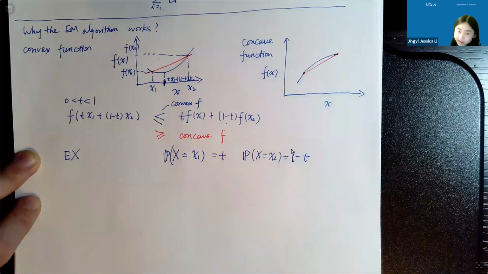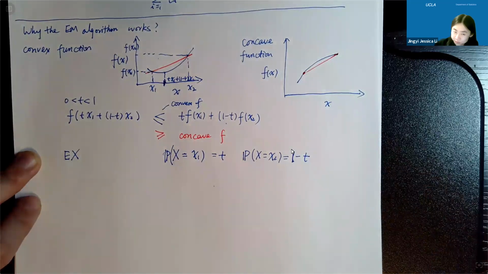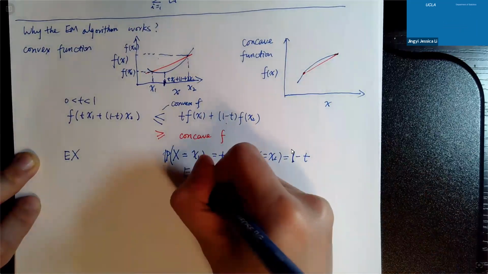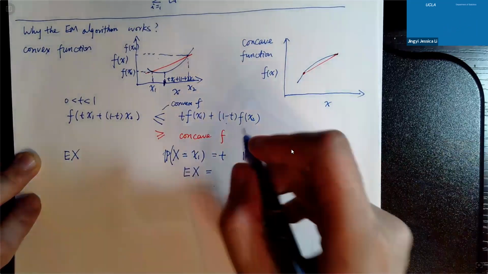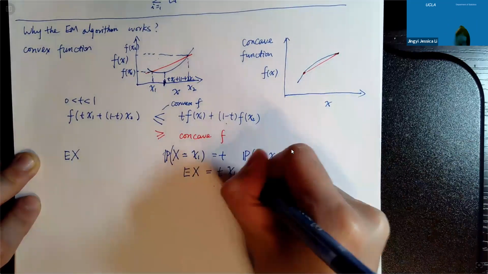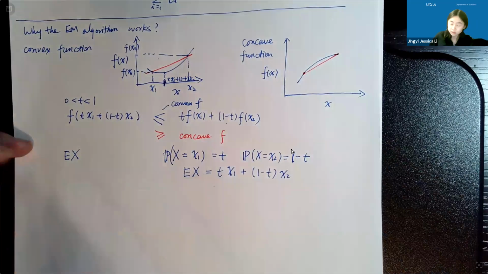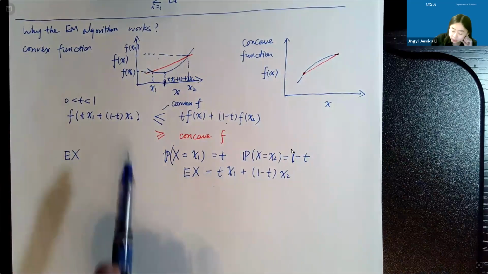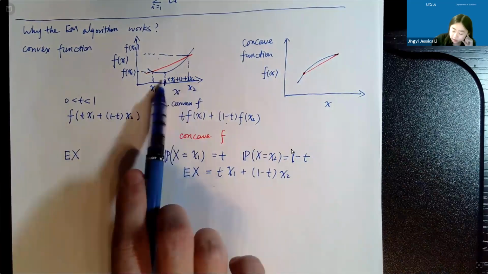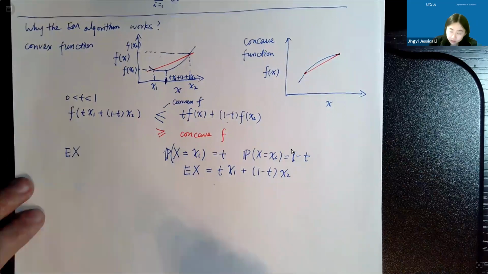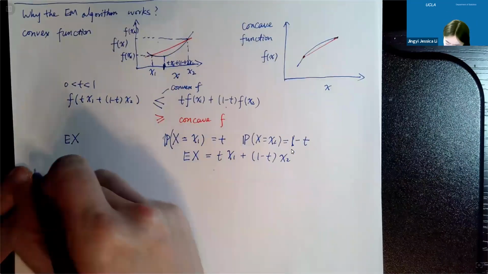If this is how my random variable x is distributed, then I know the expectation of x is just what we have here, t times x1 plus (1 minus t) times x2, right? You see in this special case. So that's why we can consider this interpolation between two values as something that can be generalized to the expectation of a random variable.